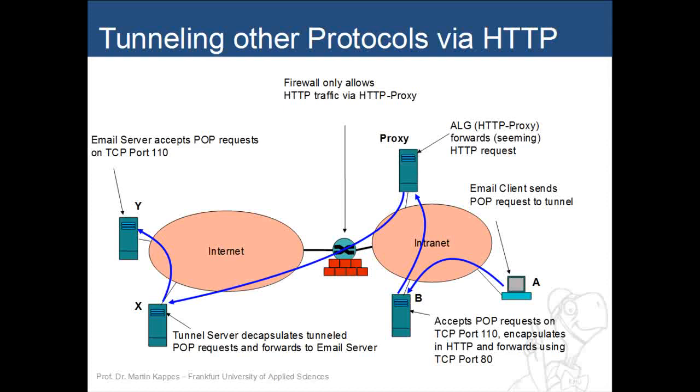It's real HTTP syntax, does not contain anything malicious, so it's being forwarded to this machine X. X is also a tunnel server, which basically does the opposite of what B does, namely it decapsulates the tunneled POP request out of the HTTP request and then will forward this request on behalf of, in this case, A, and send it to Y.